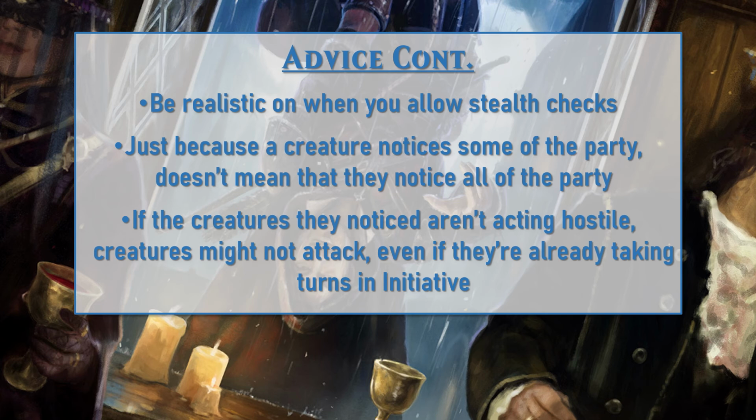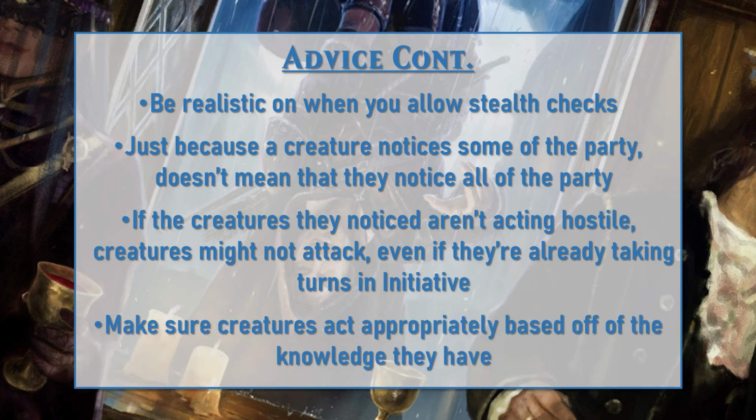This might mean that for that surprise round, even if enemies are getting a turn in the initiative order, they're just delaying their turn or not taking an action, just calling out to the approaching characters, trying to discover what the situation is, etc. Make sure that the NPCs, the monsters you're running, act appropriately for the situation, given the information that they have, what they've noticed.